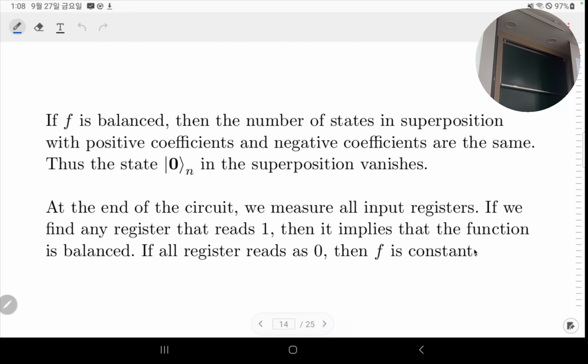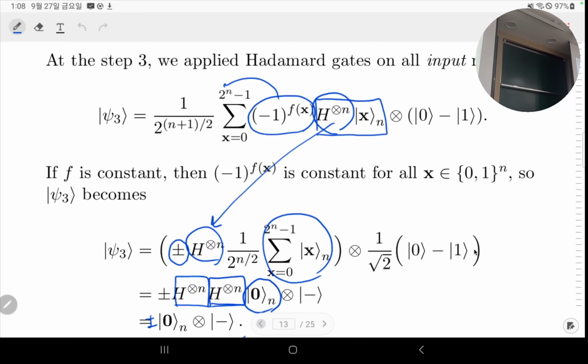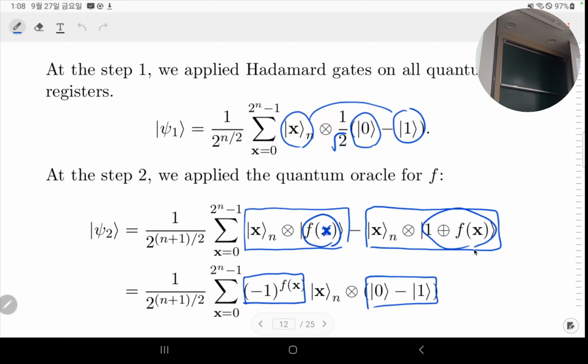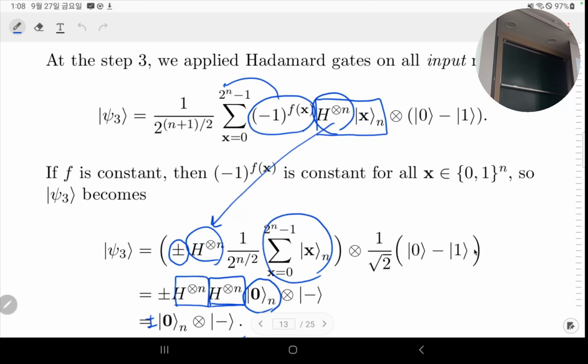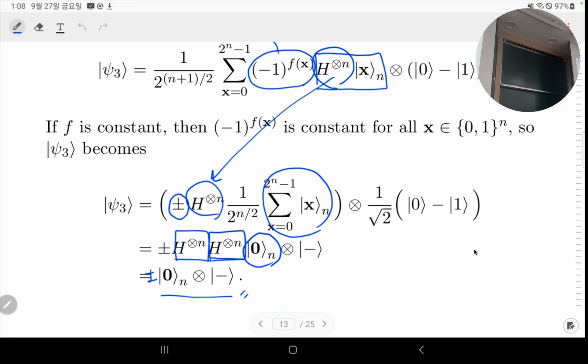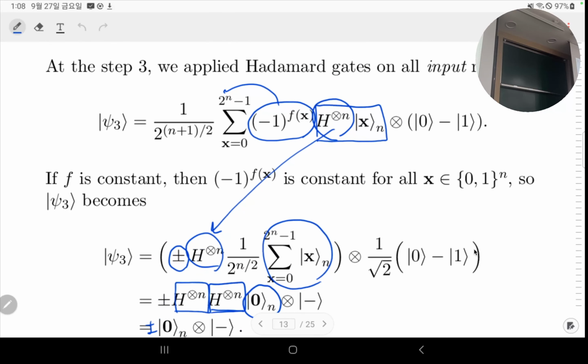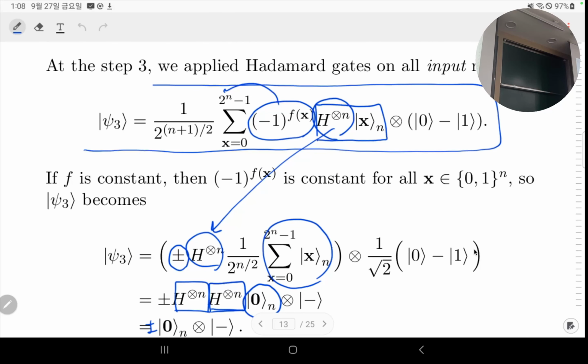If f is balanced, then we have the same number of zeros and ones as output, right? So think about this computation, maybe right here. We have the same number of zeros and the same number of ones. It doesn't matter at which x we get 0 or 1, we just get 1 or 0, right?